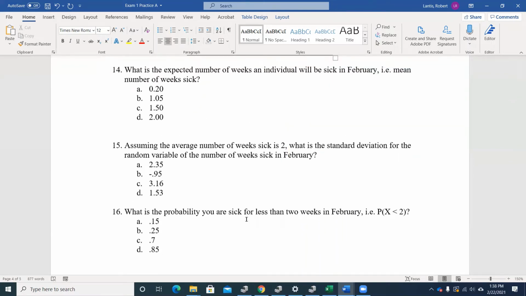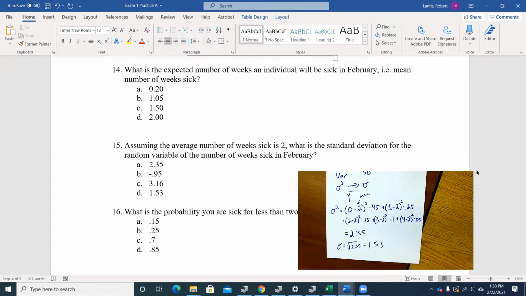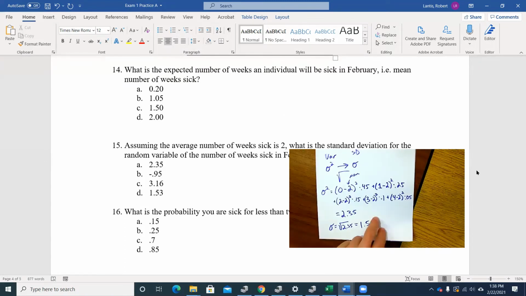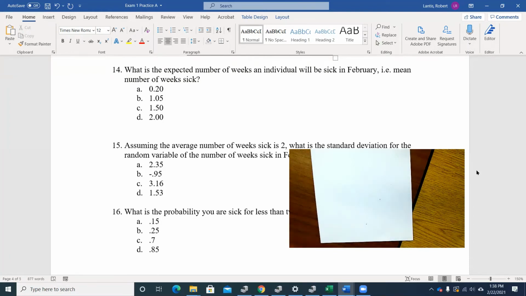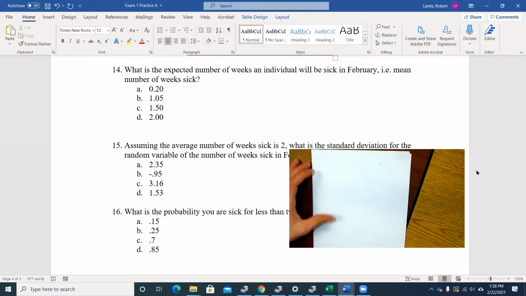So let's say I wanted to know what's the probability that you're sick for less than 2 weeks in February. Okay. I.e., what's the probability that X is less than 2? So how am I going to find that? Well, we did a lot of this with binomial and Poisson. Binomial and Poisson variables are discrete random variables, just very unique types, right?